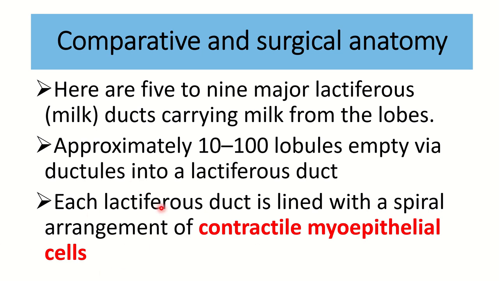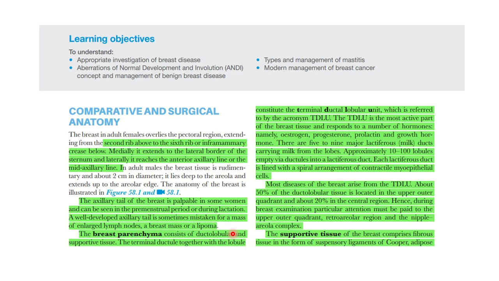This point is also very important. The myoepithelial cells are present around the lactiferous duct, and they are important for the breast. They cause contraction of the lactiferous duct, giving pressure to the duct and causing ejection of the milk.